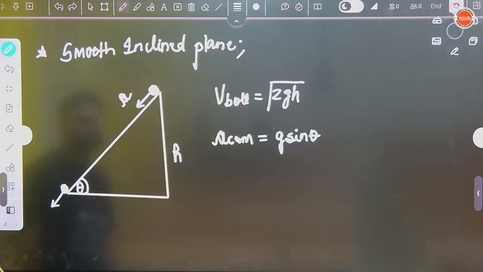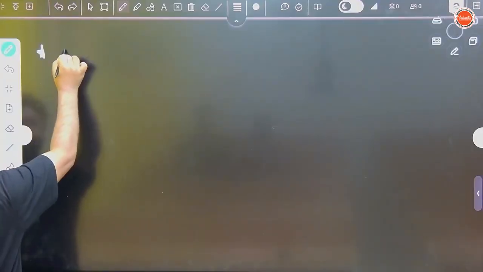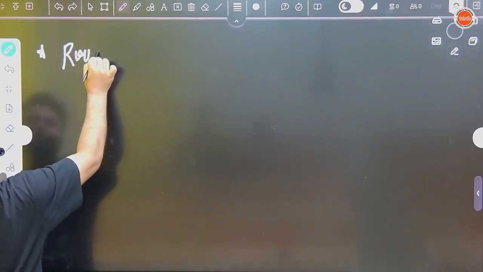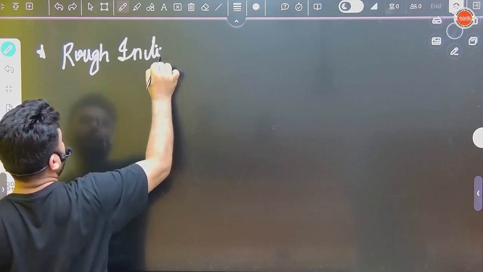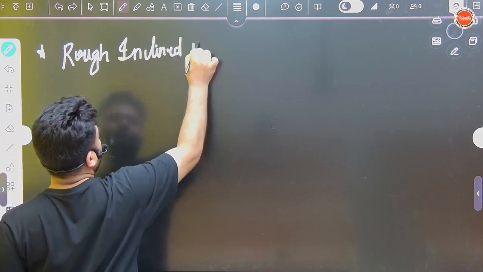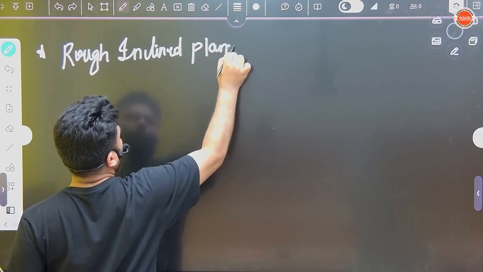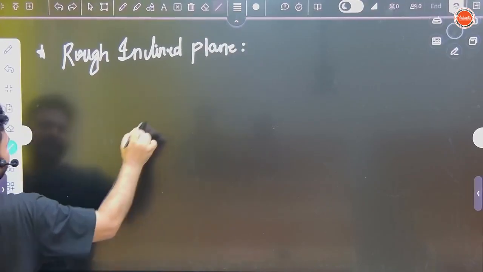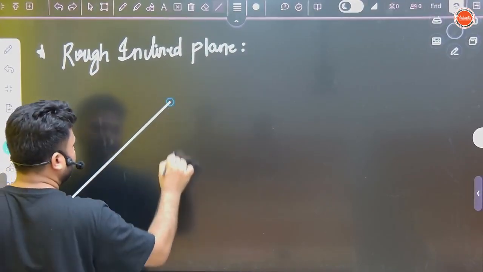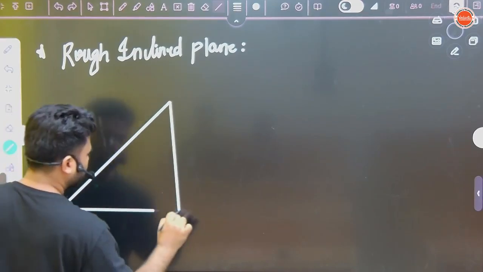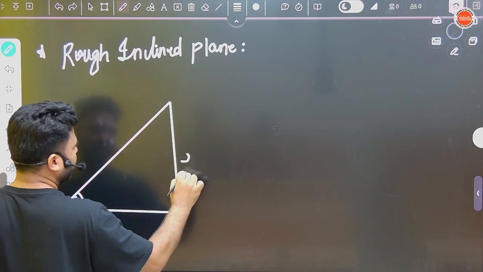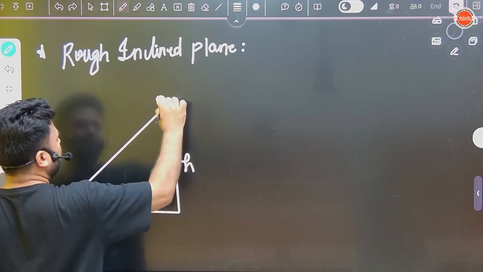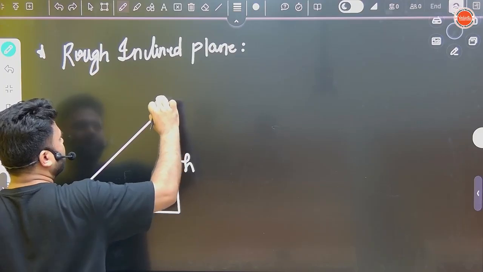But if we have a rough inclined plane, same situation but now the plane is rough, with height h, and you are releasing any ball or any object like this.